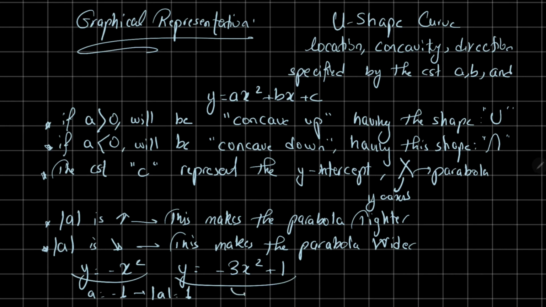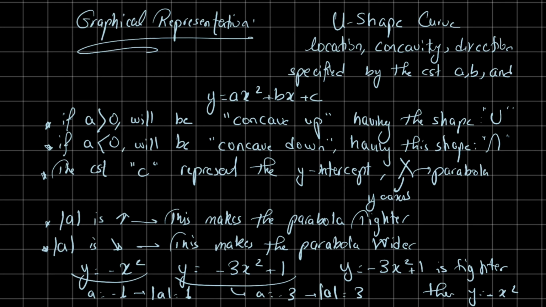For the second parabolic function, a is equal to minus 3. Then the absolute value of a is equal to 3. Then also in this case, y equals minus 3x squared plus 1 is tighter than y equals minus x squared, because the absolute value of a in y equals minus 3x squared plus 1 is greater than the absolute value of a in y equals minus x squared.